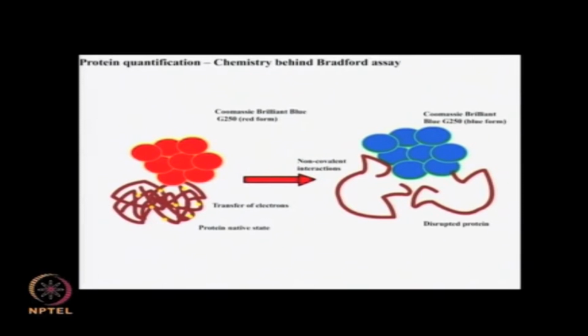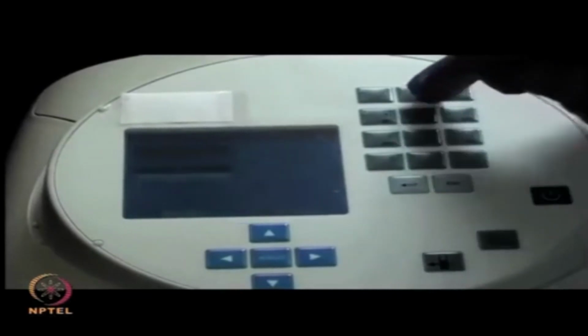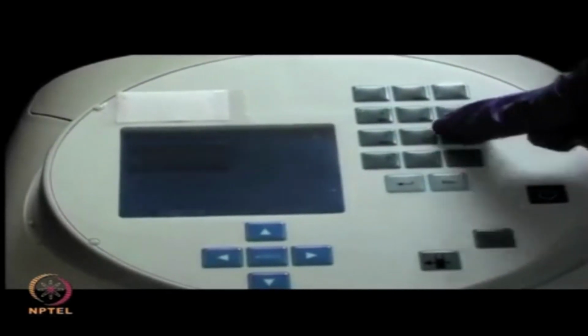An electron transfer reaction takes place between the red form of the Coomassie dye of the reagent and the native protein. This disrupts the protein structure and establishes several non-covalent interactions between the dye and protein. The transfer of electrons converts the dye into its blue form, thereby giving the solution a blue color. Set the wavelength of the UV spectrophotometer to 595 nanometers.